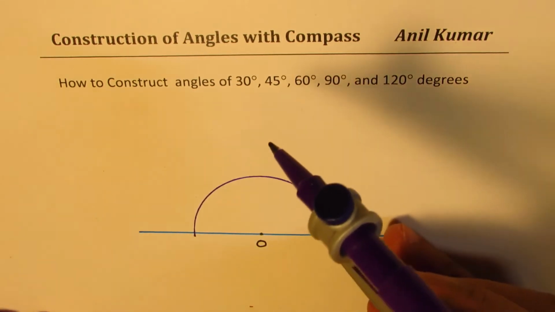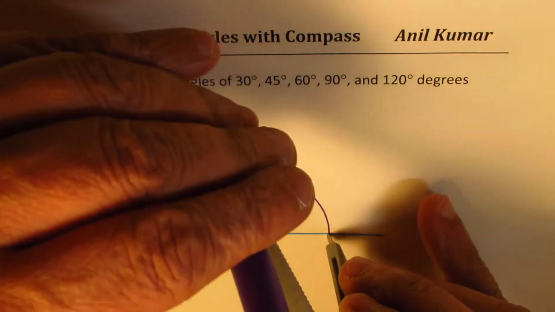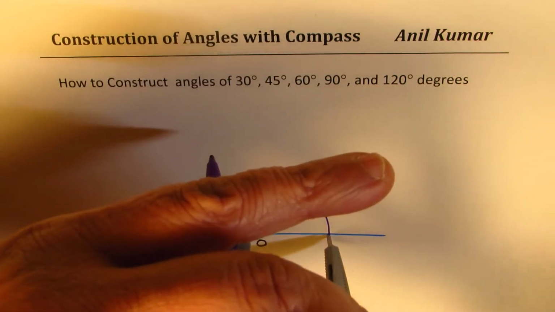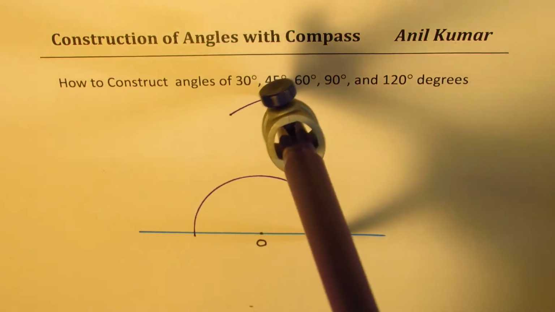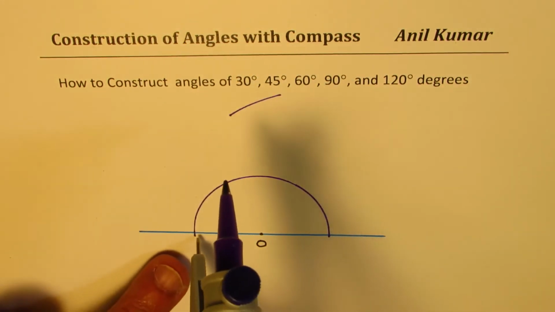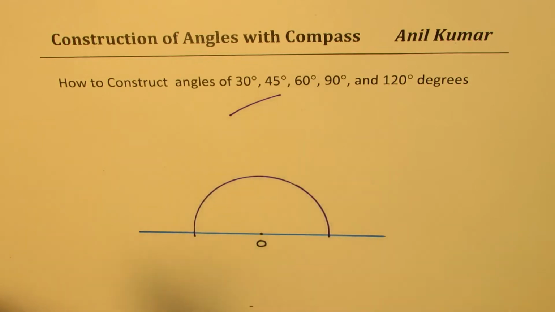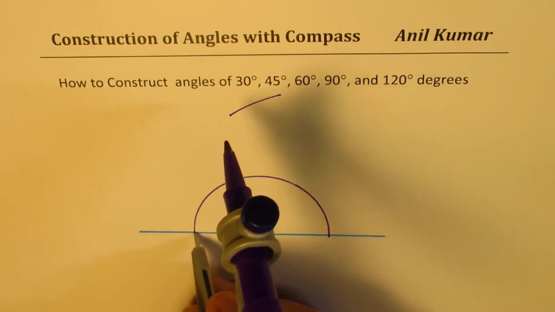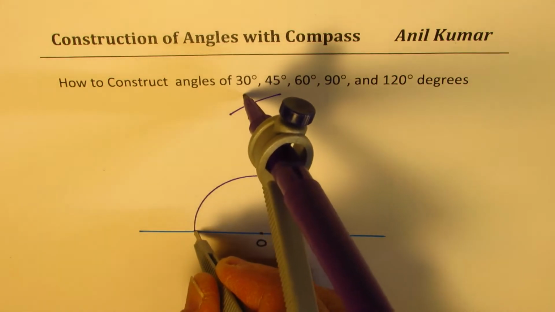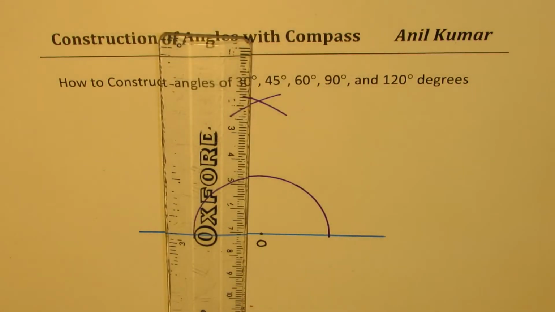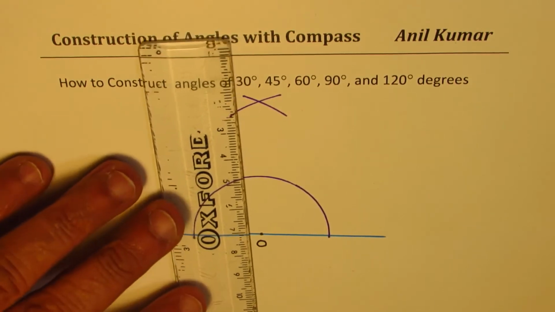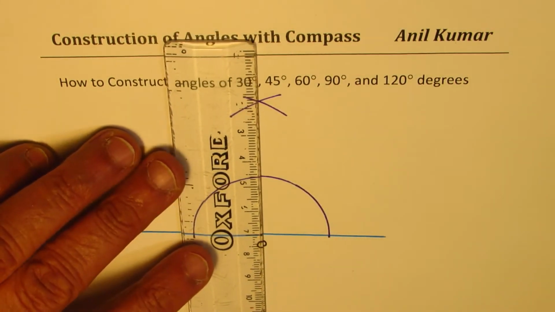Now at those 2 points we'll place our compass and increase the size slightly more so that we could make two different arcs from each point, intersecting each other. With this arc we get a point right on top of O, and joining this line we get right angles to the horizontal line drawn earlier.